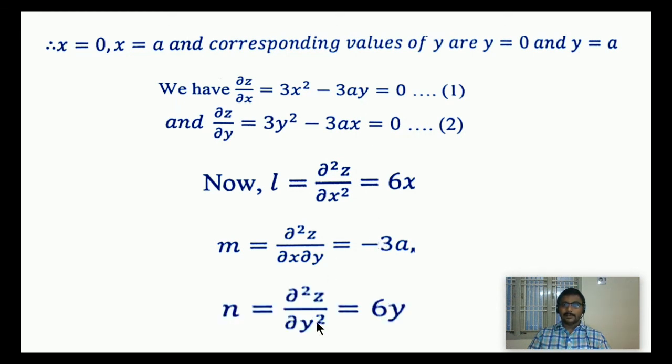N is dou square z by dou y square, obtained by differentiating dou z by dou y again with respect to y: 3y square derivative 6y, and negative 3x derivative 0. These are the second order partial derivatives, obtained by differentiating the first order derivatives of equations 1 and 2 again with respect to x and y.